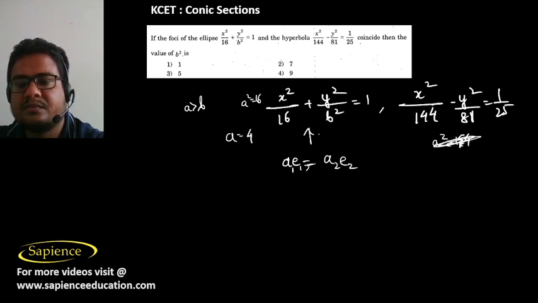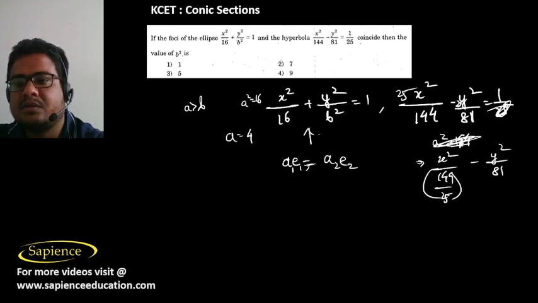No, sorry, this we can write 25, I can take it here. So x square by 144 by 25 minus y square by 81 by 25, that is equal to 1, I can write.